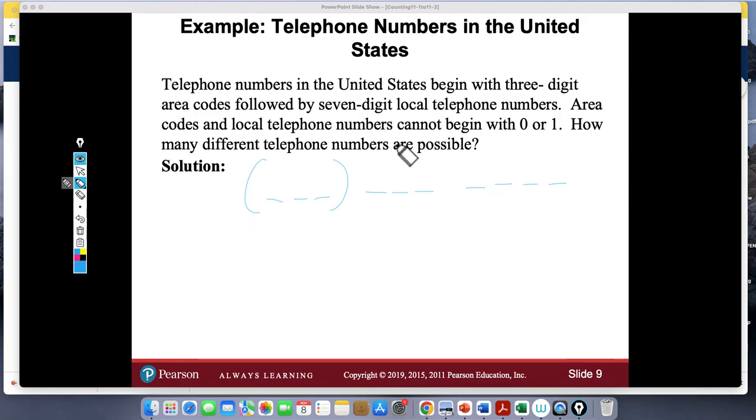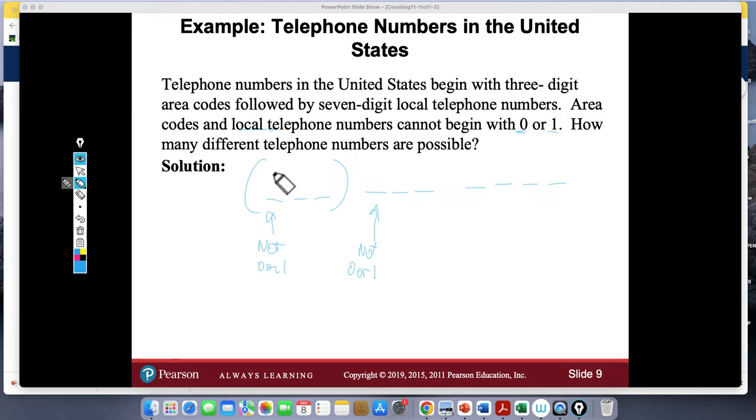Well, the one thing we have to look at is that there are a couple of rules. An area code cannot start with either 0 or 1. Also, the first digit of your, what do we call that, the local code, cannot be 0 or 1, because 0, if you push that first, that gets you to the operator. 1 means you're going for long distance or something.